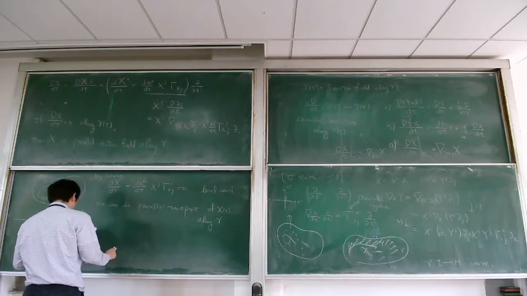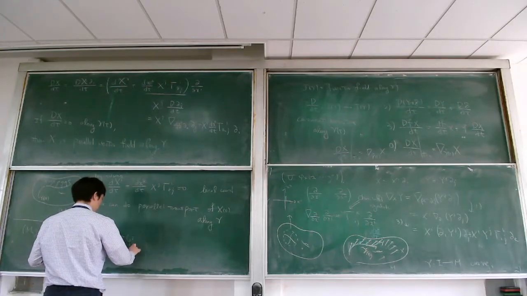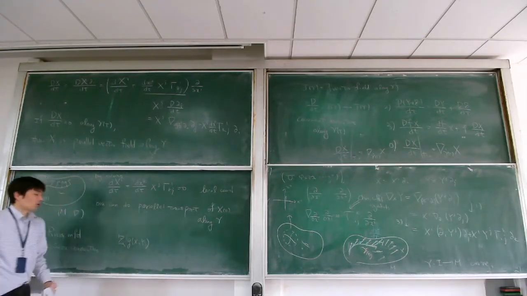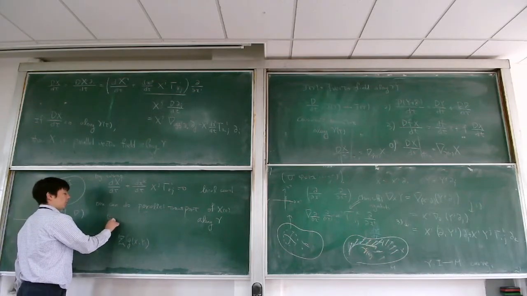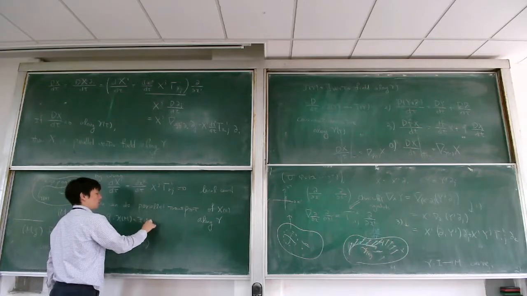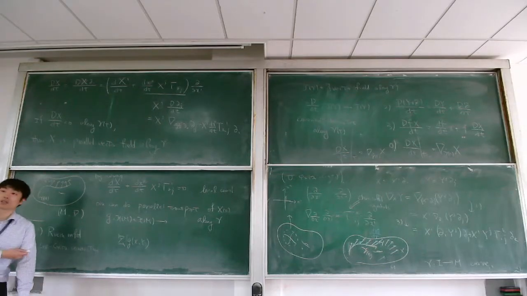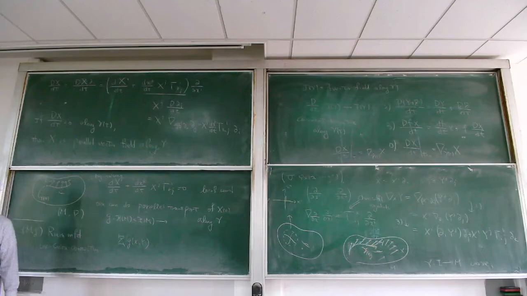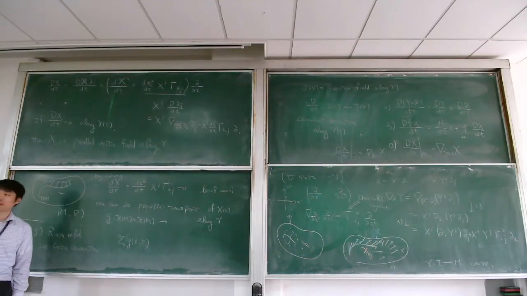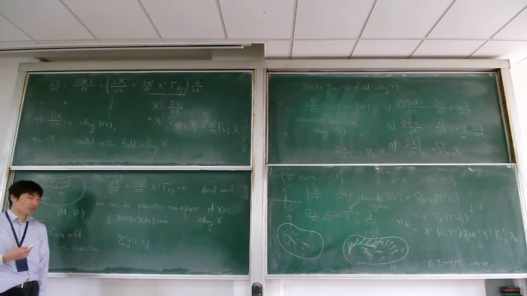It satisfies the following condition. The metric g is an assignment: given two vector fields, the metric gives you what? A function, good.